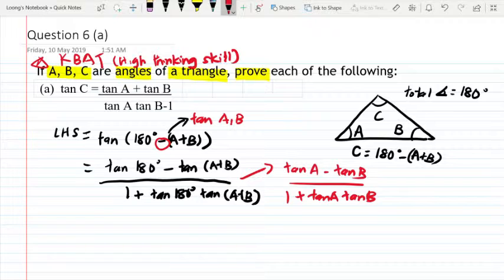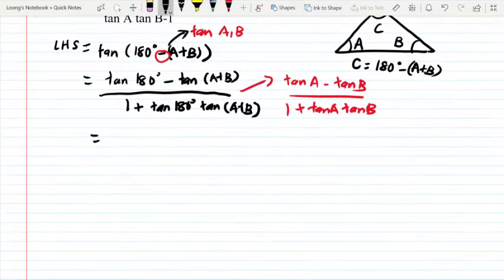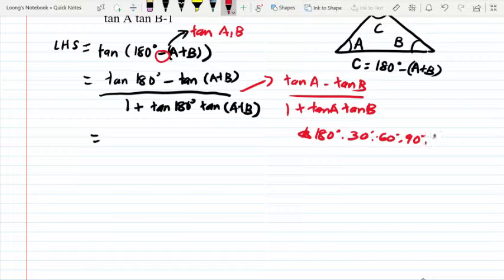So the same thing applies here, and we just continue from that. Also take note about the special angles of 180 degrees and so on, or 30, 60, 90 degrees and 45.